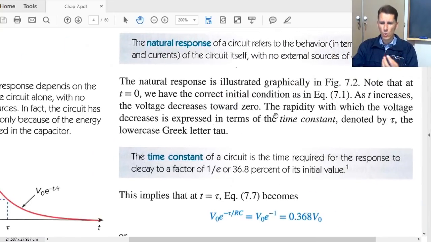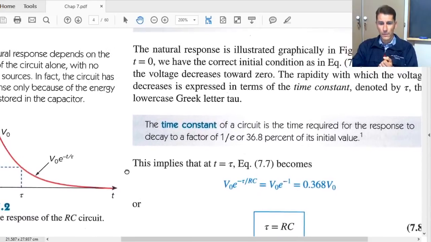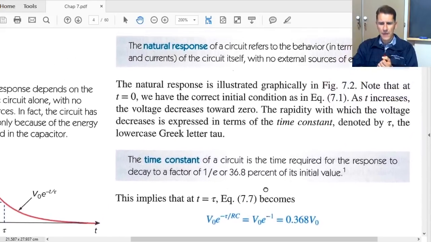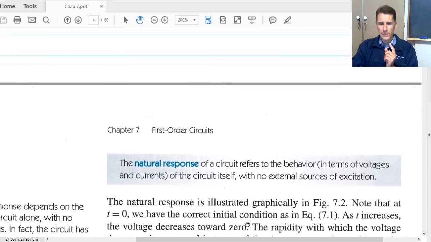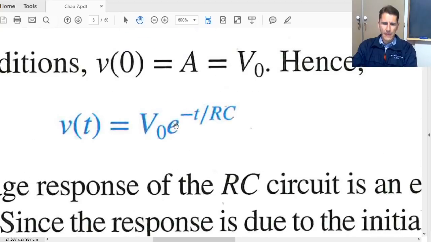So the rate, or what they call the rapidity with which it discharges, is expressed in terms of a time constant tau. Now, what is that tau value? It is that point in time that will give me, let me just go back to this equation, a value of e to the minus 1. So what value must I give this t so that I can get an e to the minus 1?